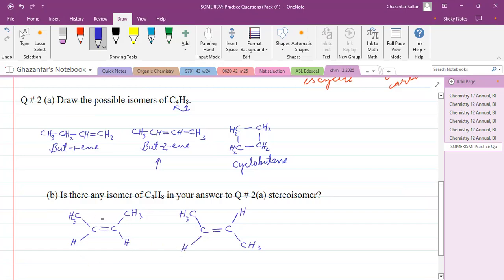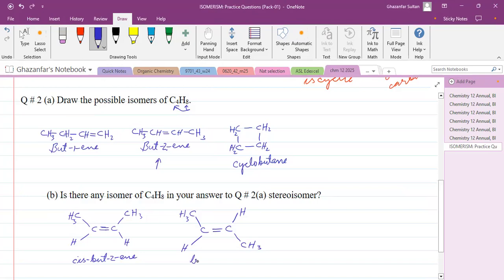So such a compound where the bulky groups are on the same sides are called cis. So this is cis-2-butene or cis-butene, and these are on opposite side.